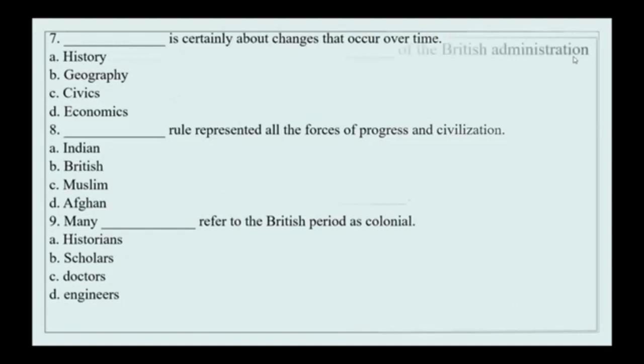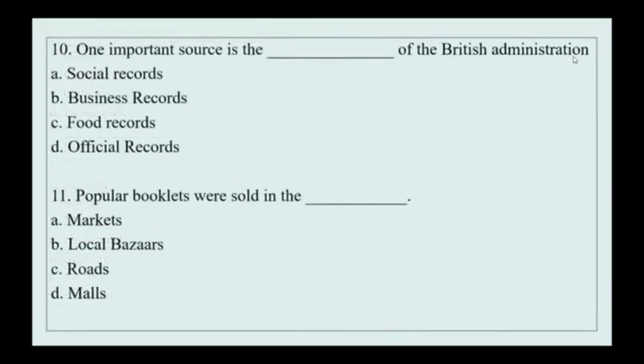The 10th question is, one important source is the dash of the British administration. Which one is the important source? Option A, social records. Option B, business records. Option C, food records. Option D, official records. Which one helps historians to write history? Official records.